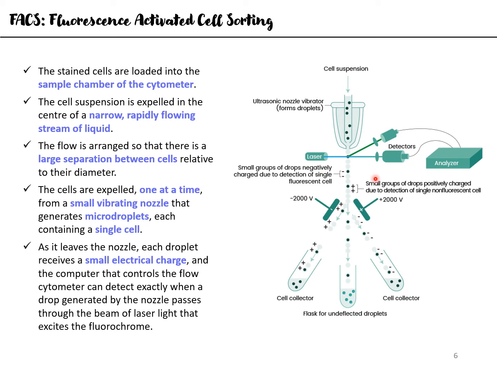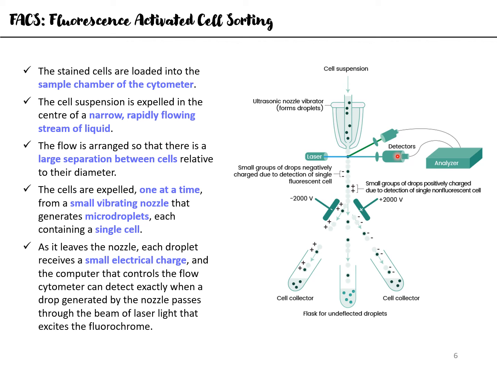Next, what happens is that these droplets are allotted some charge. First the laser beam will detect the droplet, and after the laser beam detects the droplet, it will be allotted a charge. Why? Because this charge allotment is dependent on the fluorescence detection. Let us say you have two antibodies, one fluorescing red, the other fluorescing green.